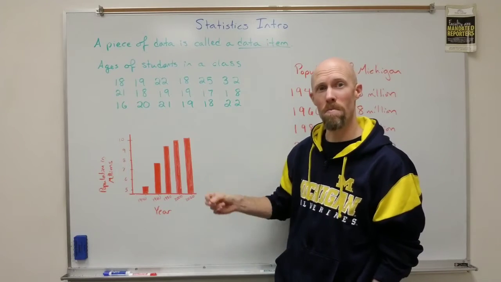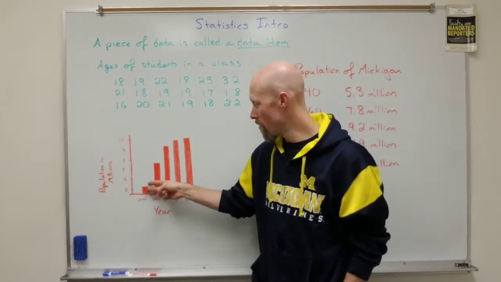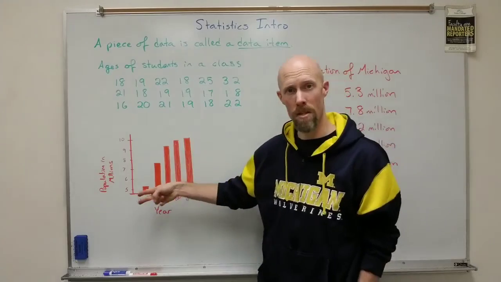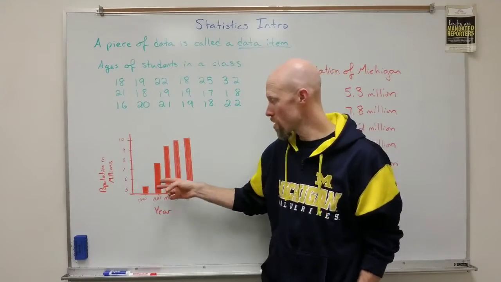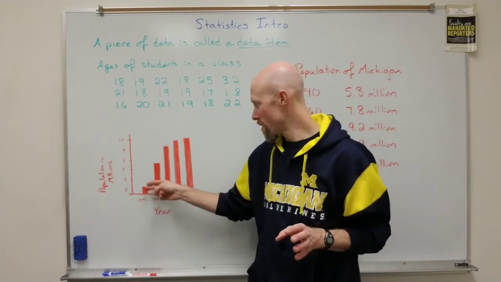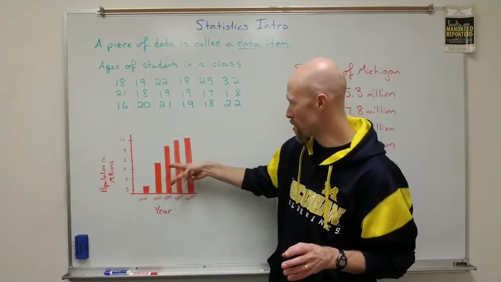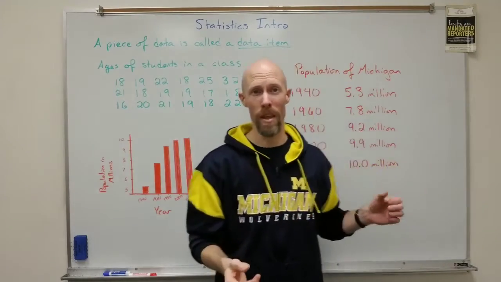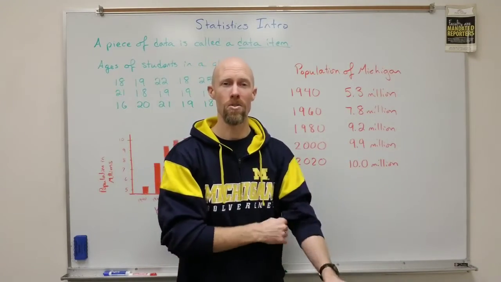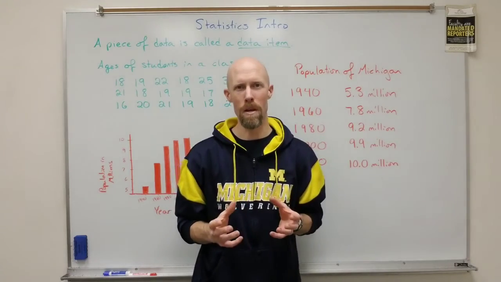Significantly. And so it gives the appearance of a much larger jump from 1940 to 2020 than actually occurred. It looks like proportionally that this was multiplied by 5 or 6 to get that height, when in reality it was less than double, okay? And so it's just very easy to mislead people with a quick visual.